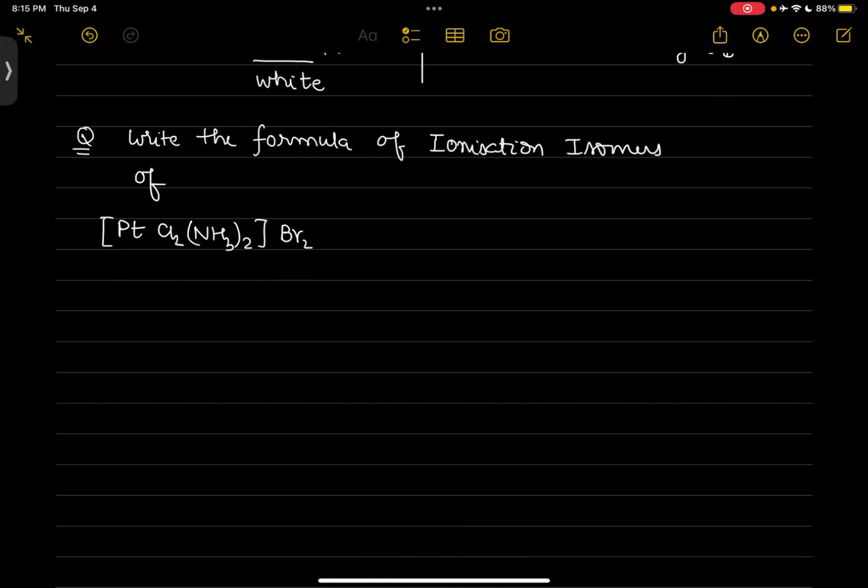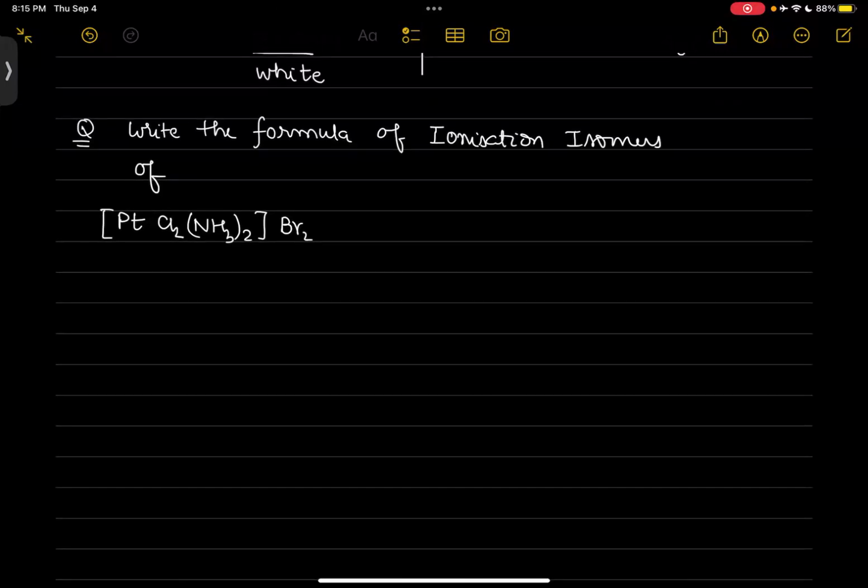And what are the ions? It is the Br minus. There are two Br minus outside the square bracket on the right hand side, and there are two chlorido ligands inside the square bracket. So you can exchange them, and that's how you can make the ionization isomer. How are we going to do it? Tell me quickly. I hope I'm audible to all of you. Yes, sir.